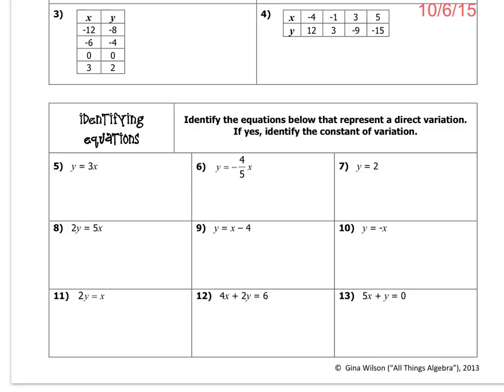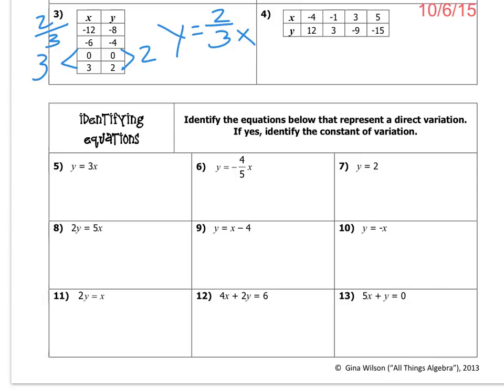Okay, so for number 3, it's already in a table, a vertical table. So I'm going to do the difference between 0 and 2, because I like to work with positive numbers. So 2 minus 0 is 2, and 3 minus 0 is 3. Which gives me a k of 2 over 3, which means my equation is y equals 2/3 x.